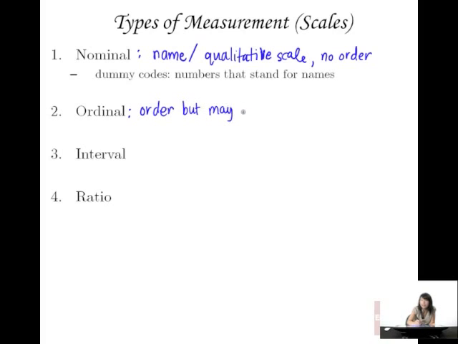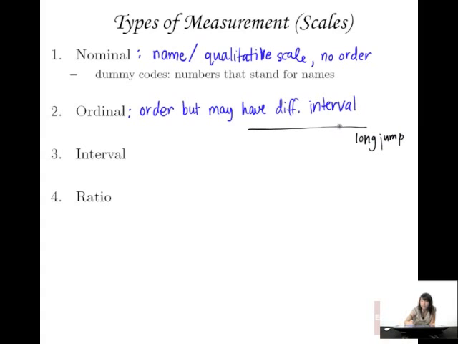So number 1 and number 2 aren't the same distance apart as number 2 and number 3. A good example of this is Olympic gold medal, silver medal, and bronze medal. So when we think of gold medal, silver medal, and bronze medal, and let's think of this as the long jump.